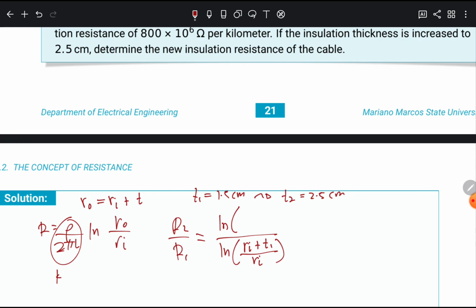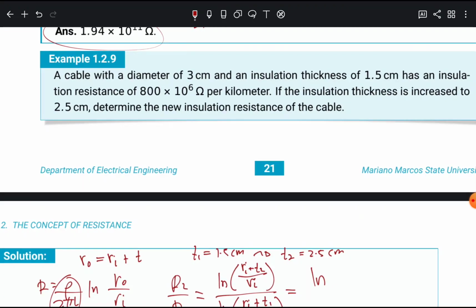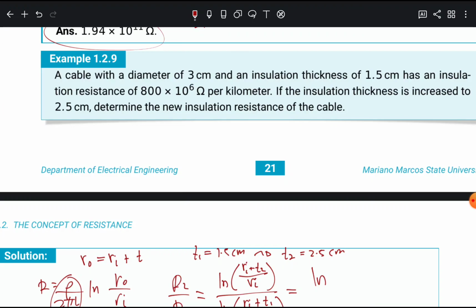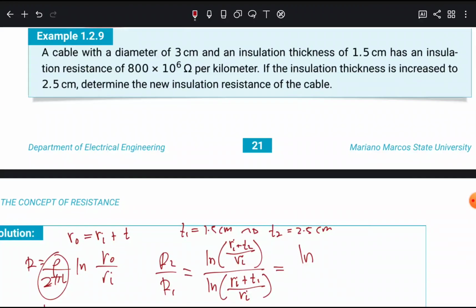And for the new one, the R in is still the same, but the thickness will be T2. And given, we know that R in is the diameter of the cable, so we just divide that by 2 so that we have the radius, that's 1.5.